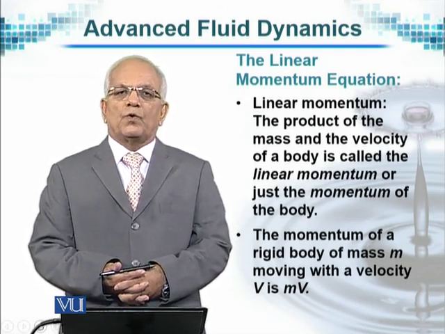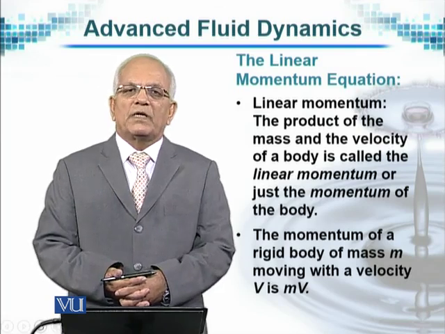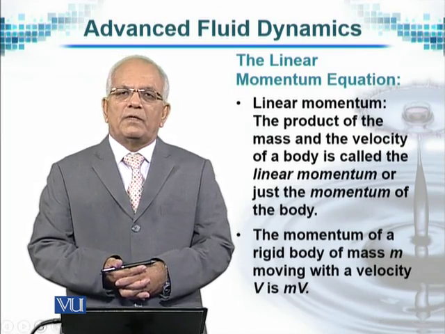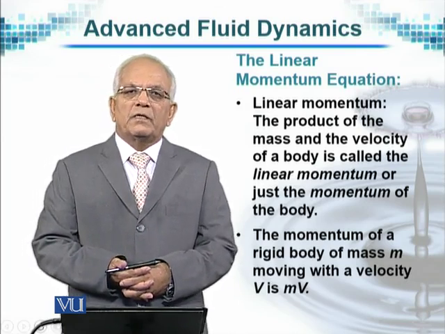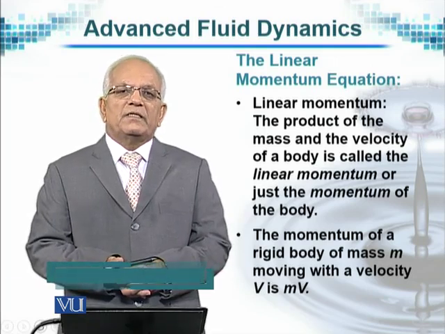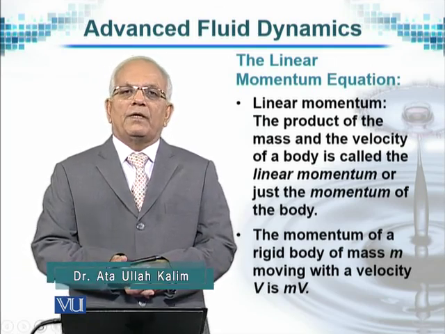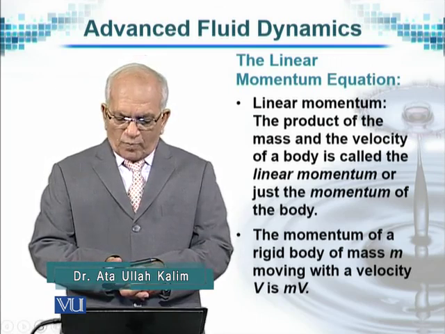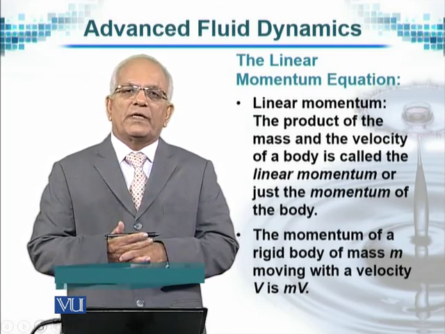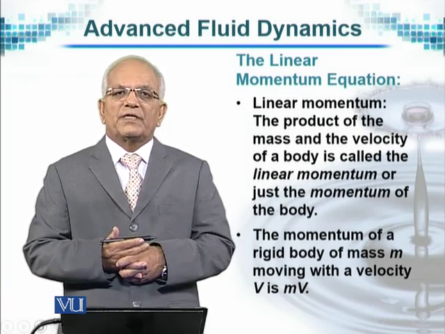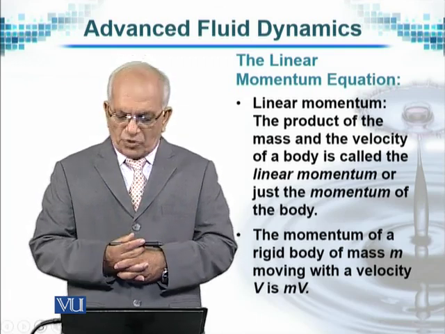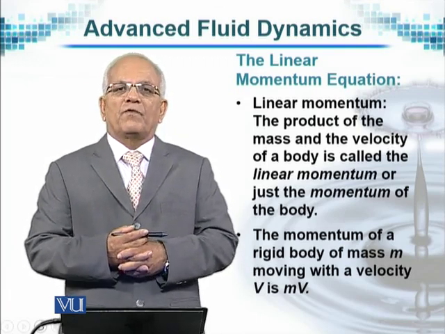As you know, momentum is normally denoted by the mass of the fluid under consideration multiplied by its velocity. So m into v is known as the momentum of that particular mass of fluid under consideration, within a certain boundary or flow field.